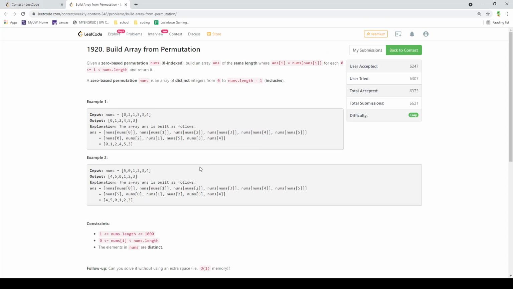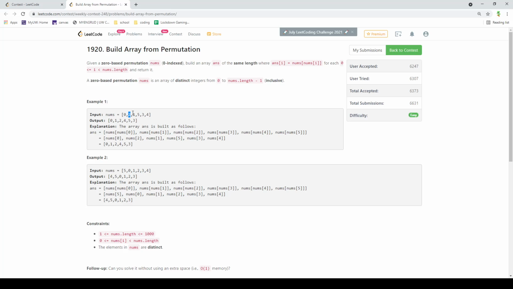So in the first question, you want to build an array from an input array, and the number that goes inside of the ith index is equal to this little equation here. So if we look at this number array and take a look, let's say, at index 1, then that's 2.